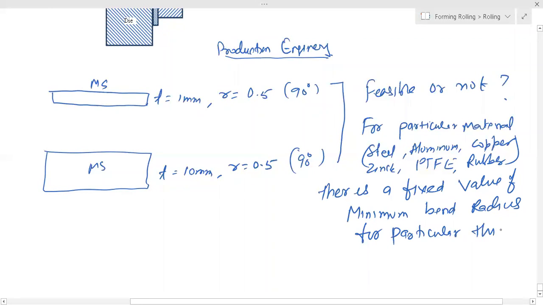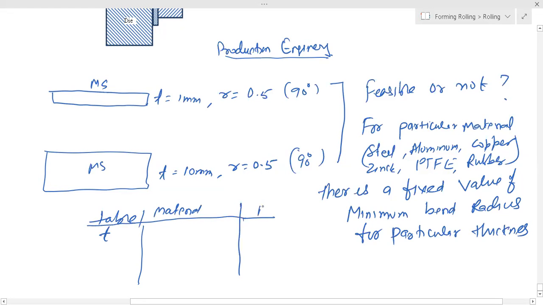Try to understand this. So you have a table. This is your thickness. This is your material. And this is your R. This you will get from a standard book, handbook.